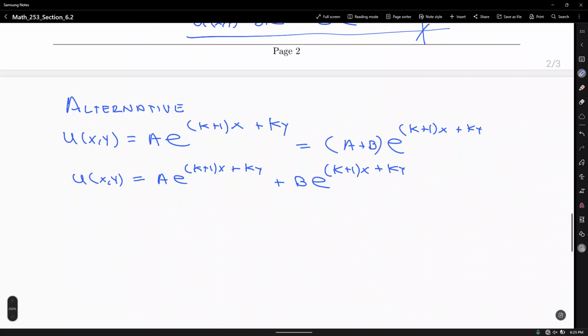So if we had an initial condition with three exponential terms, I would need to break up that constant into A plus B plus C. See what I'm saying here? Just to make this potentially more comfortable.